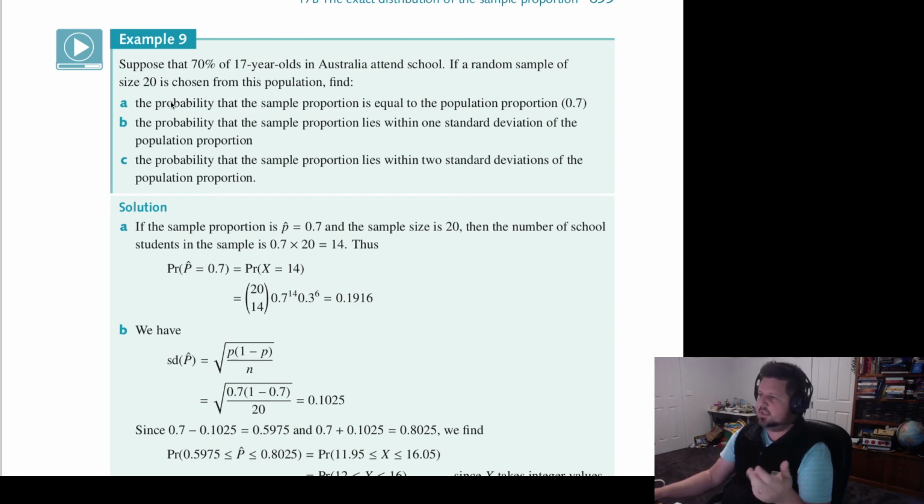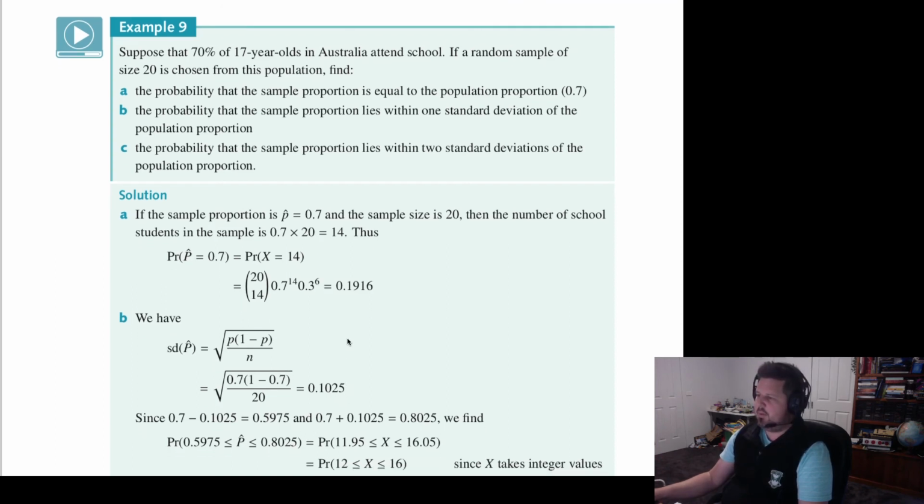Next, find the probability that the sample proportion lies within one standard deviation of the population proportion. Again, we can work out the standard deviation of big P hat. Plugging into this formula, little p was 0.7, n was 20, and the standard deviation is 0.1025.